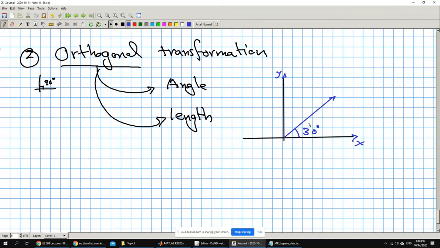Let's just call this vector v. If I apply a 30-degree rotation to this vector, it will come out like this.